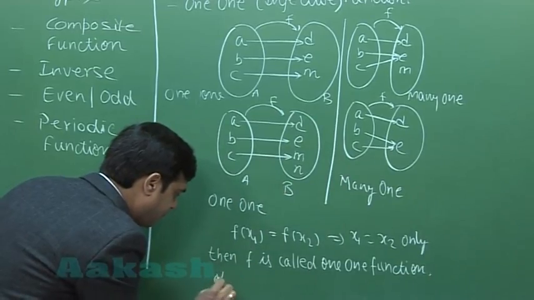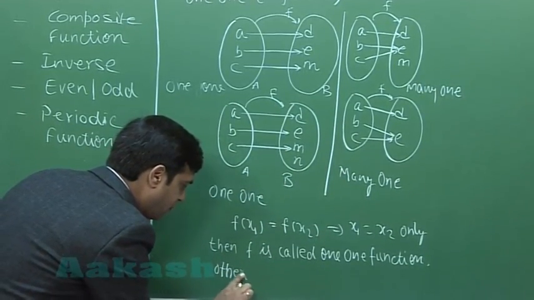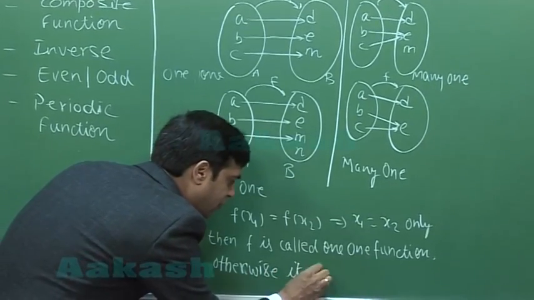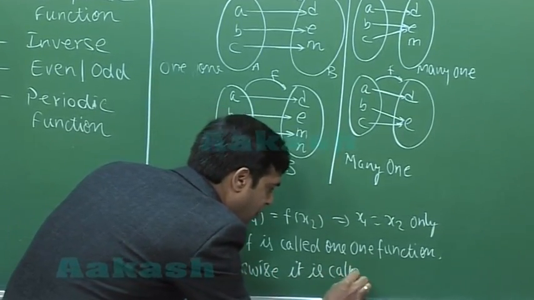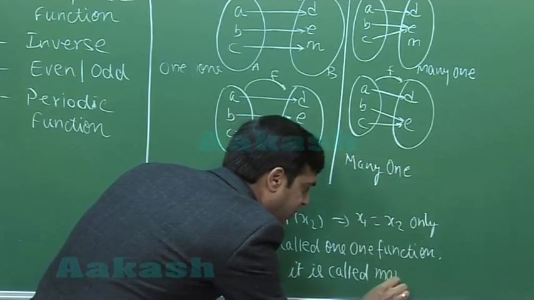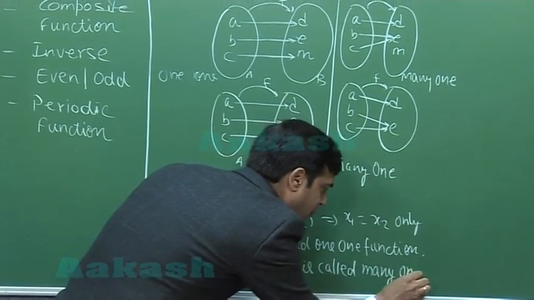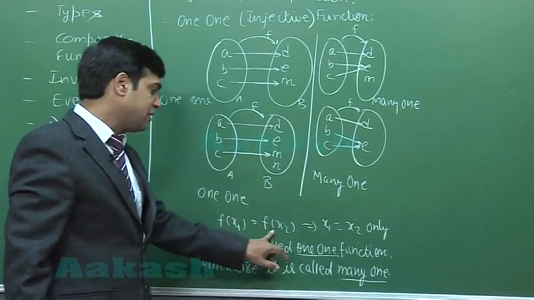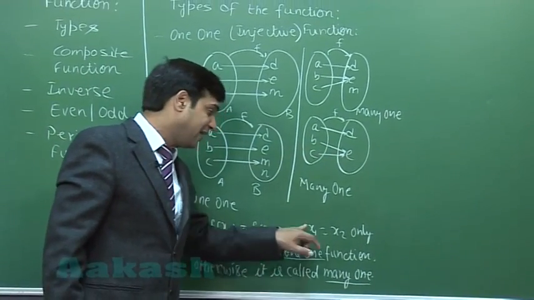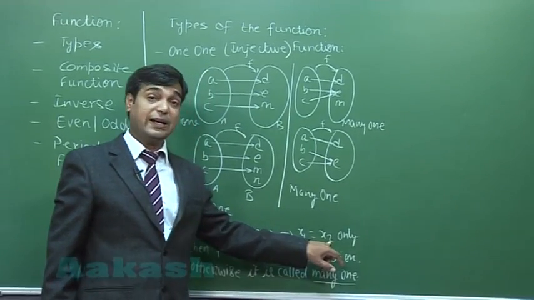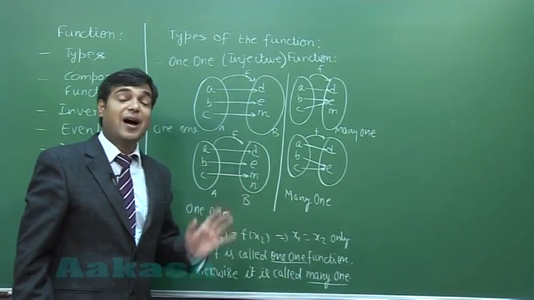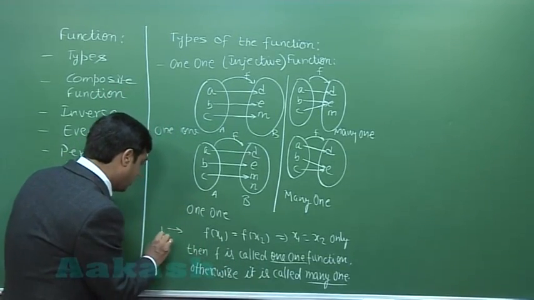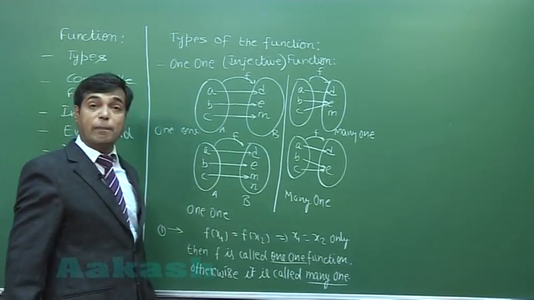Otherwise, it is called many-one function. Right? So f(x1) equals f(x2) implies that x1 equals x2 only, then we say the function is one-one. Otherwise, we term it as many-one. This is one method to define one-one or many-one.